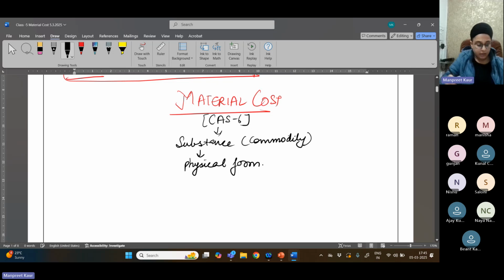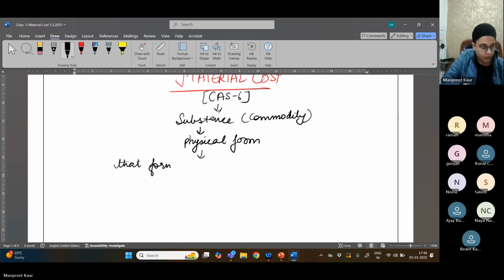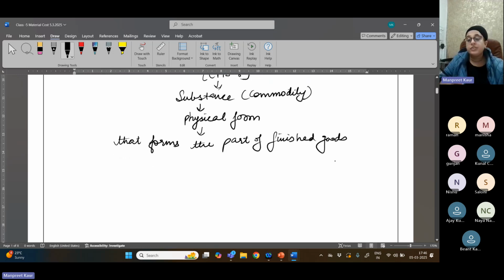We can say in another language, any substance or commodity in a physical form that forms the part of finished goods. Any substance in a physical form that forms the part of a finished good is known as material. Anything which is consumed in the process to get the finished goods is also known as a material.